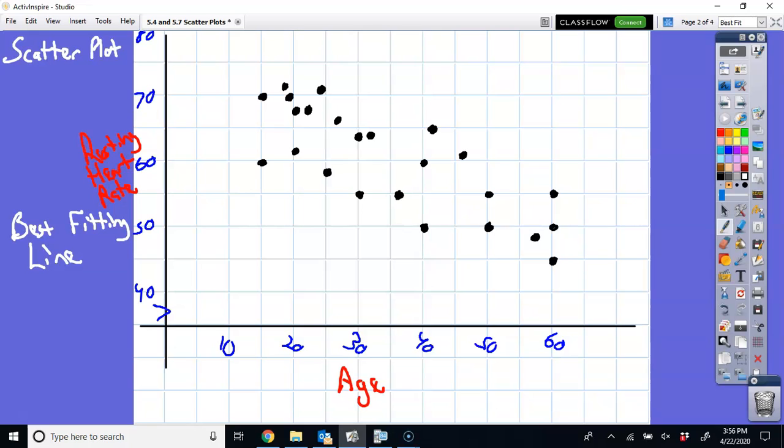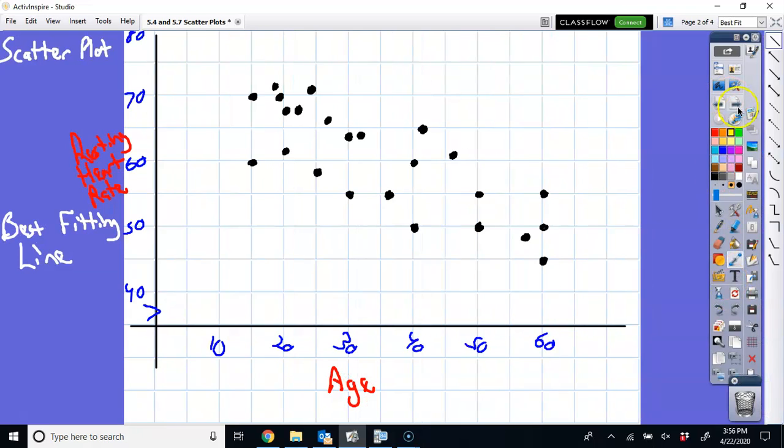What do you think a best fitting line is defined as? Let's think about it. Best fitting line. Oh, it's a line that fits the best. Yeah, it's a hard one. A best fitting line is what we're going to draw.